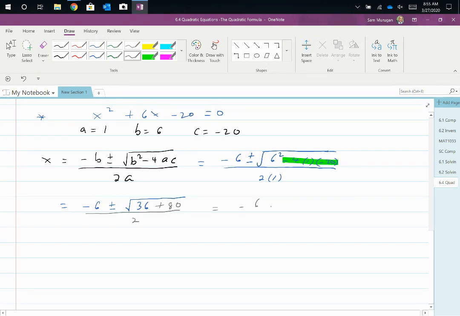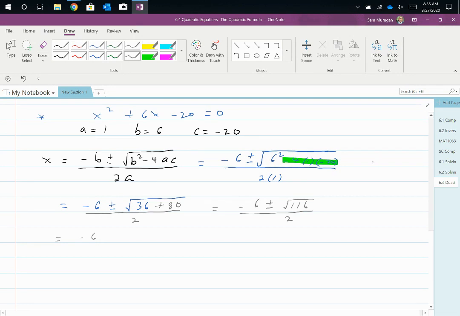So this is negative 6 plus or minus the square root of 116 over 2. And you want to look carefully at that radical and see if we can possibly simplify it.